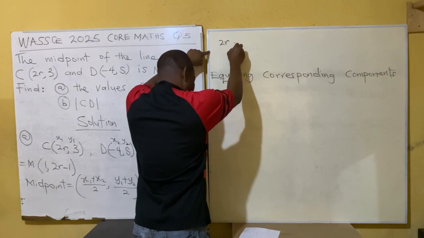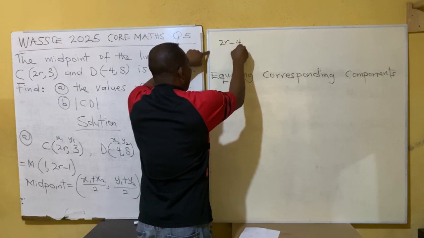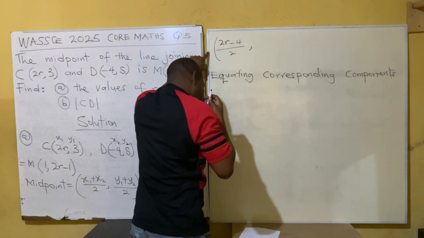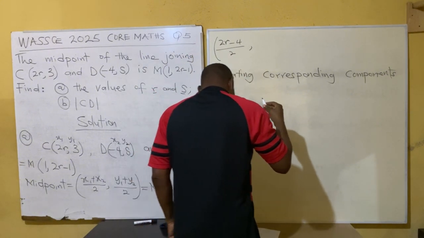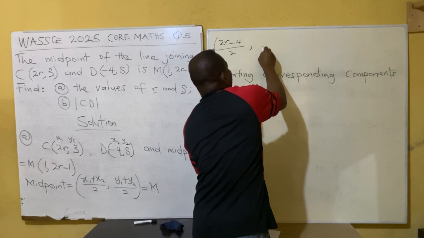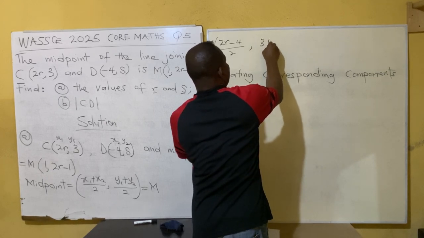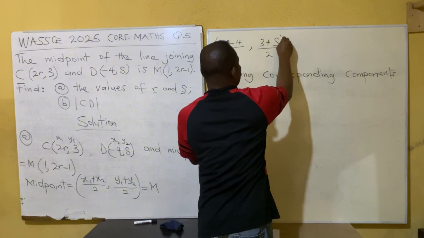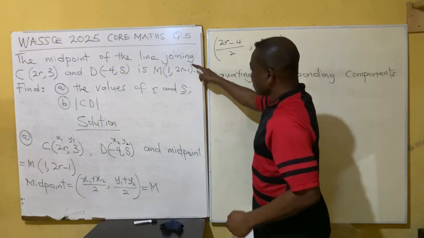So from the question, the midpoint is equal to (2r - 4) all over 2, comma, (3 + s) all over 2, which is equal to the midpoint given in the question.